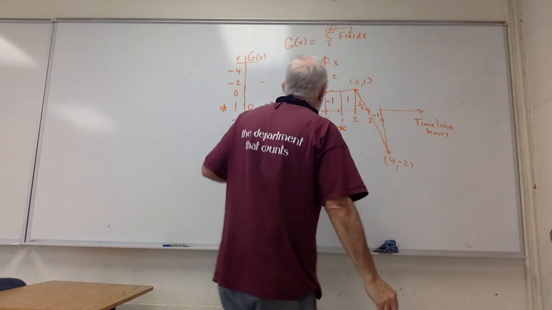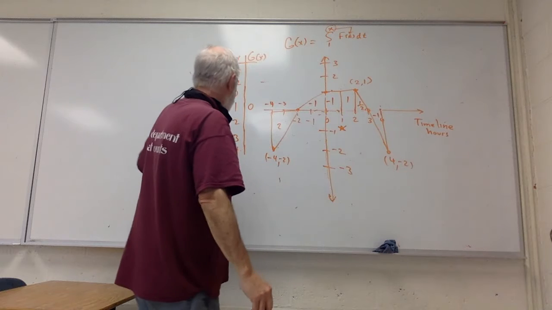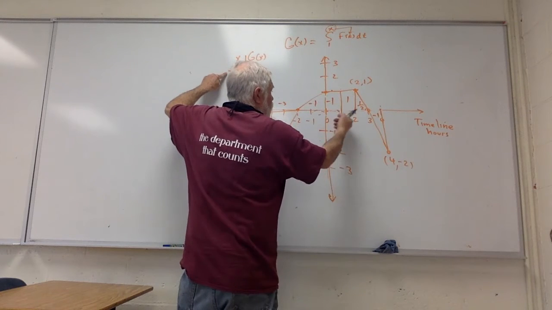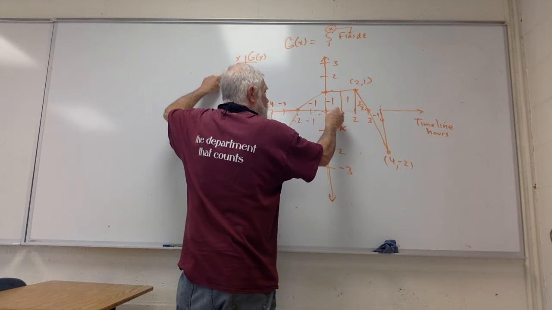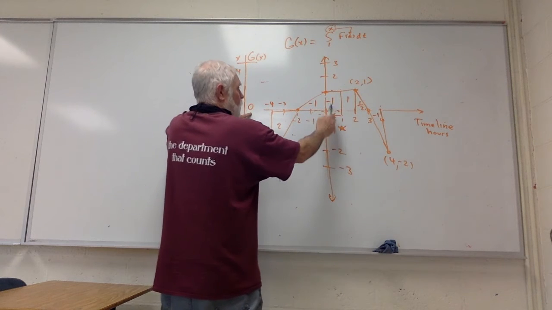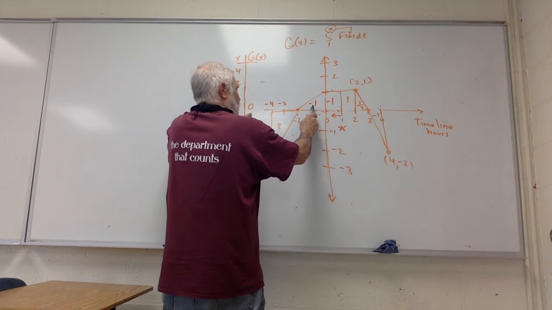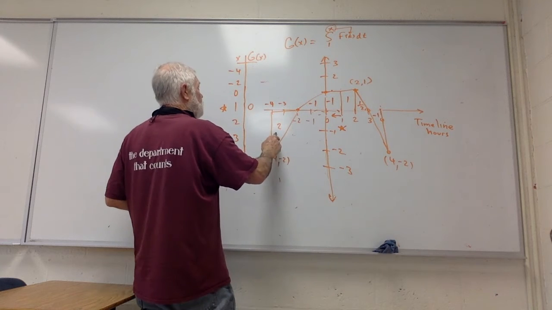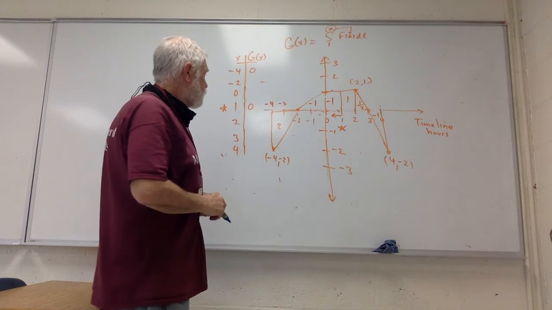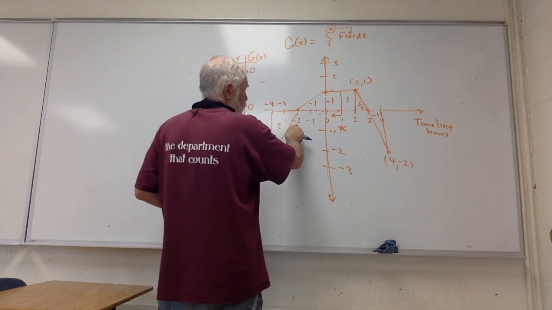So, all right, what do we got? Let's do g of negative 4. Okay, I'm going in this direction from 1. I know that's 0, so I'm going to look at minus 1, minus 2, minus 2 plus 2, 0. How about g of negative 2?